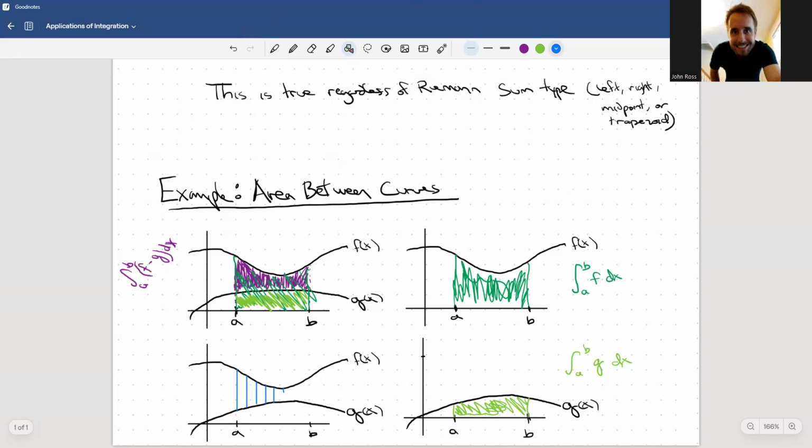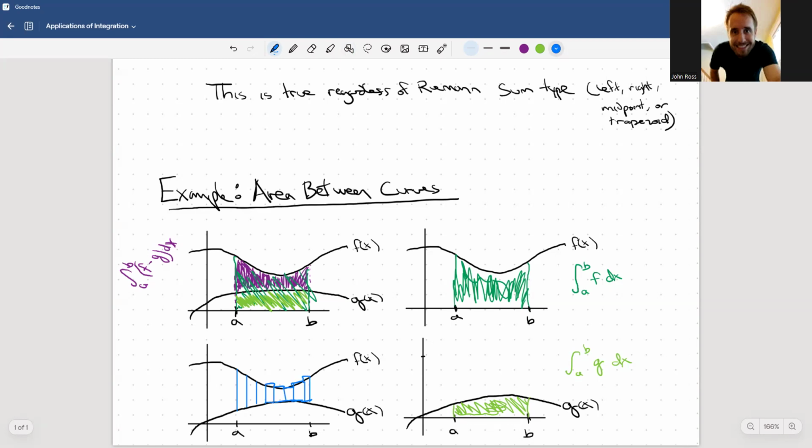Let's pretend this is a good picture and these are all nicely evenly spaced out. I can take a bunch of rectangles that roughly look like this.